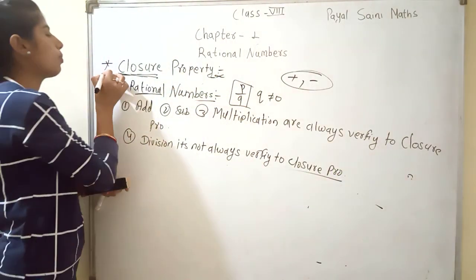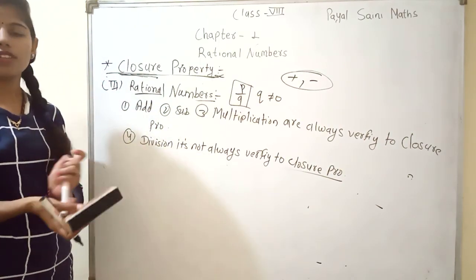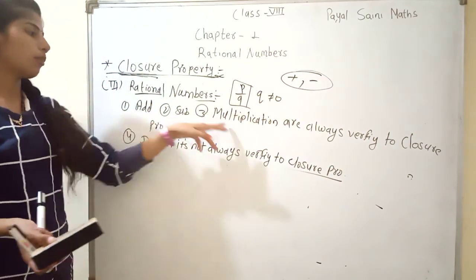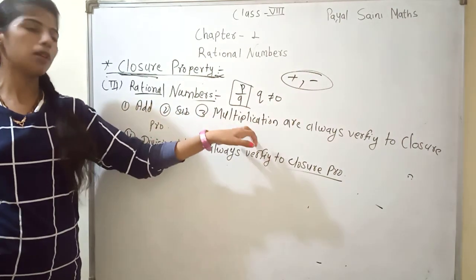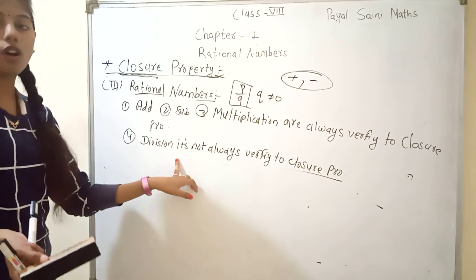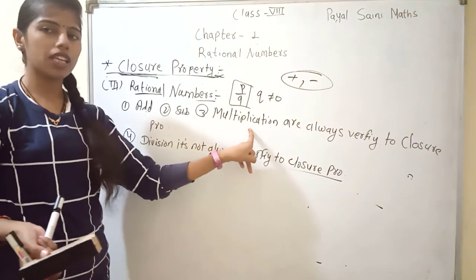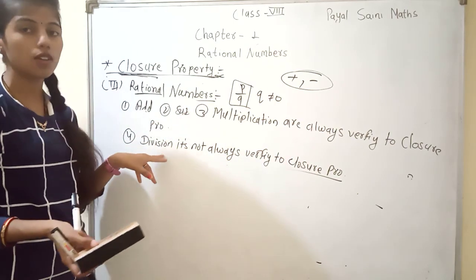Like that, the first property, closure property, is completed. In whole numbers, addition and multiplication are verified, and subtraction and division are not verified.